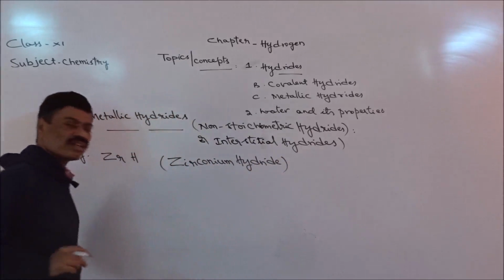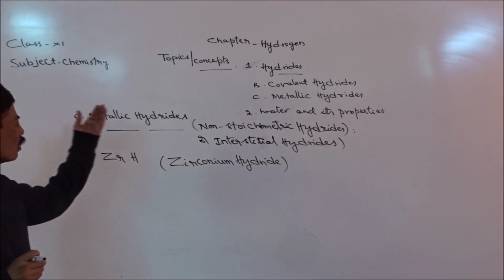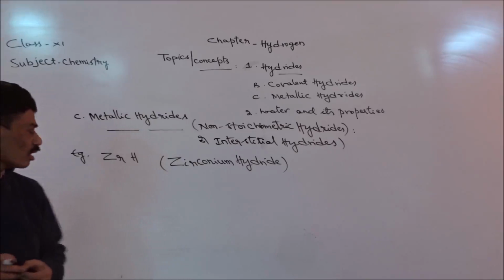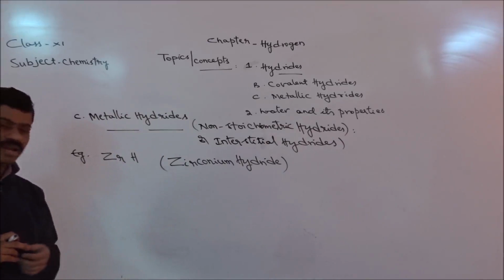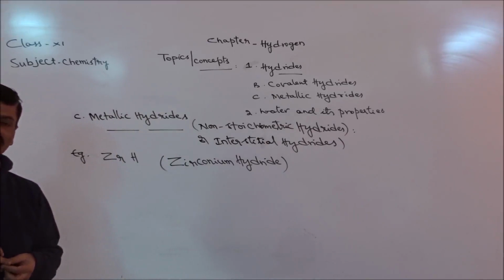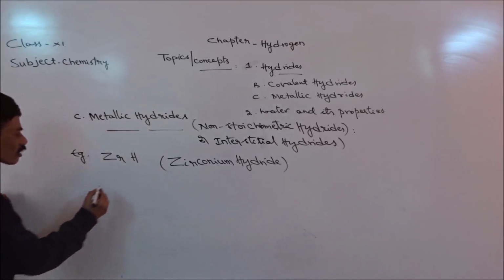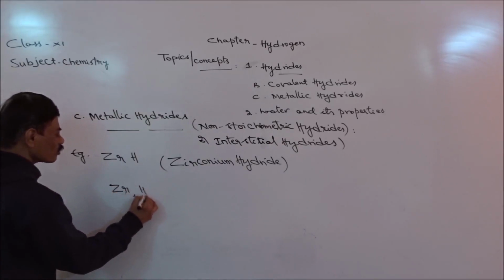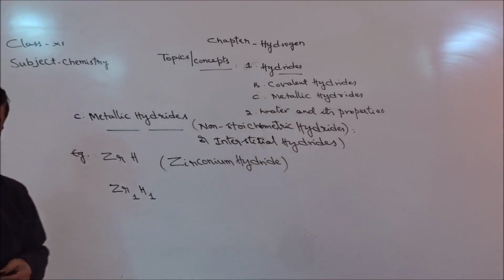Many compounds are there. I have taken one example to help you understand what are called non-stoichiometric hydrides. Now, ZrH, this molecular formula shows that when 1 mole of zirconium reacts with 1 mole of hydrogen atoms, then we will get zirconium hydride.